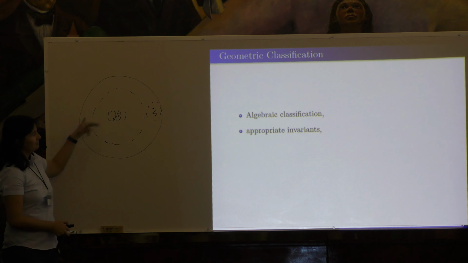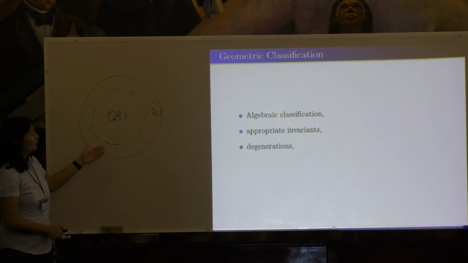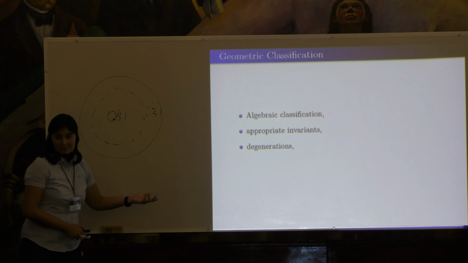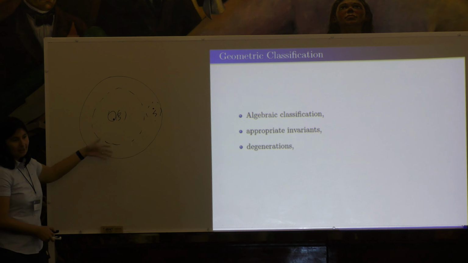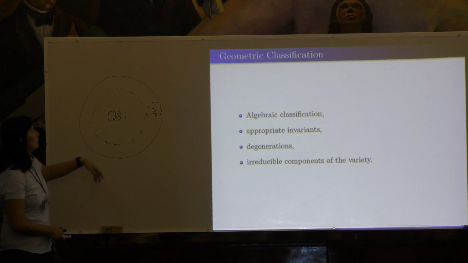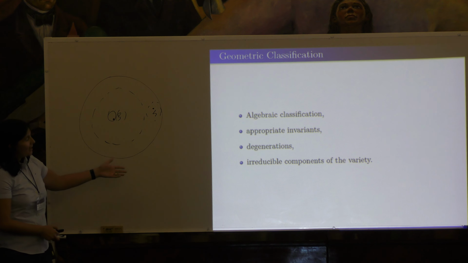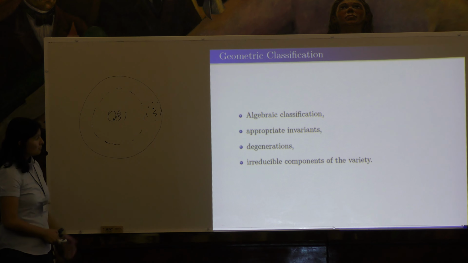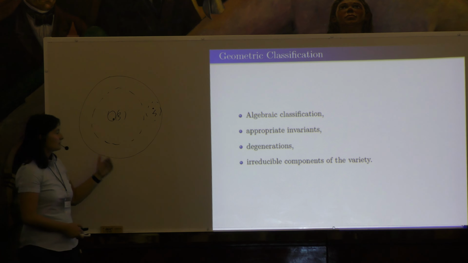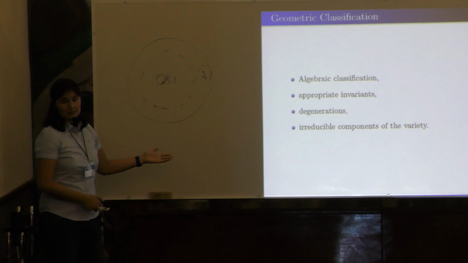After we discard which Lie superalgebras don't live in the frontier, we want to prove that the remaining Lie superalgebras live in the frontier. In order to do that, we use degenerations, and once we complete that, we obtain the orbit closure for every Lie superalgebra, and this gives us the irreducible components in the variety. So a geometric classification finally gives all the irreducible components in the variety.